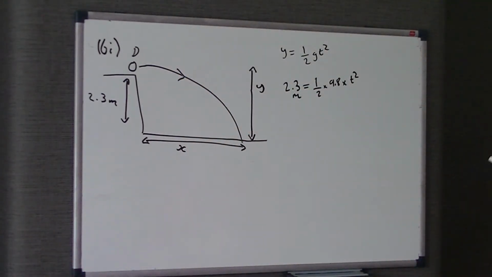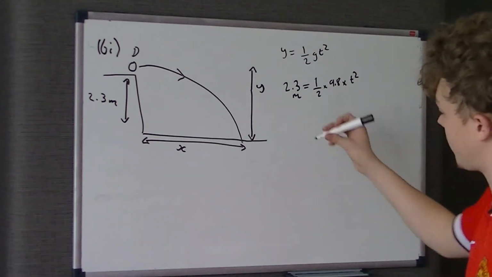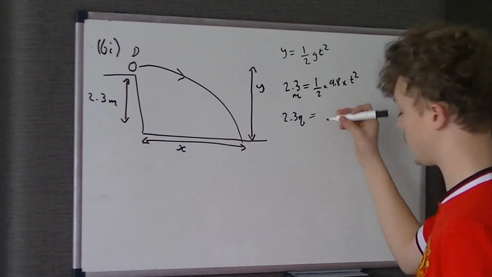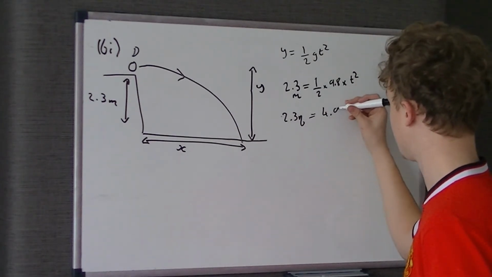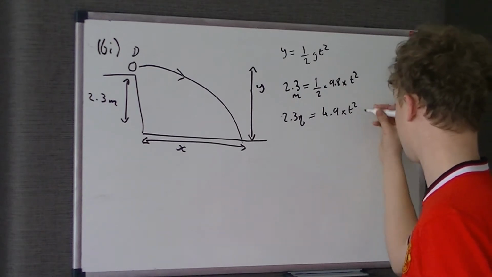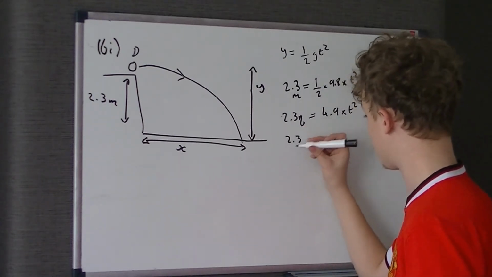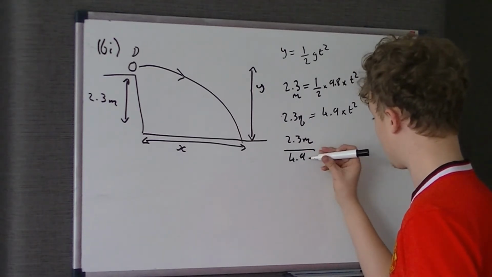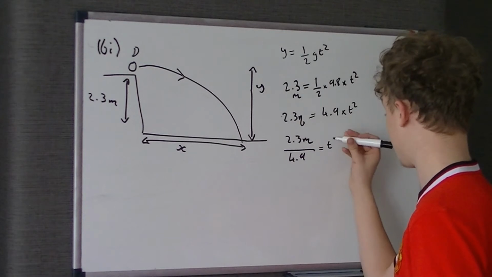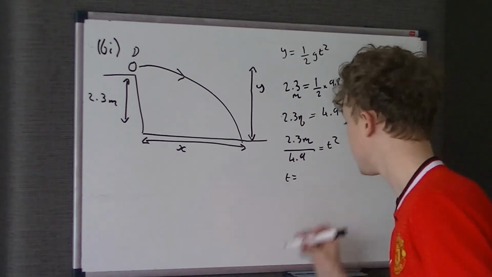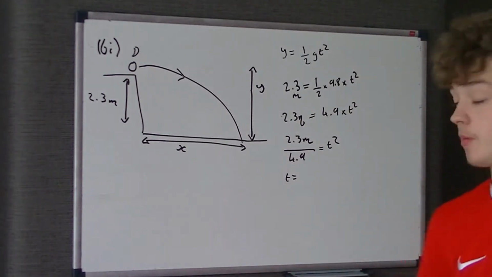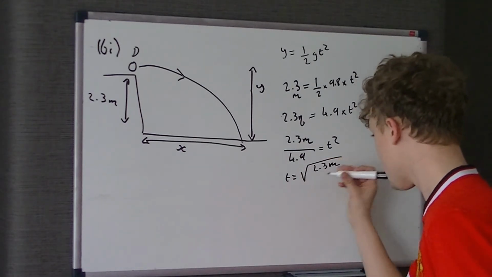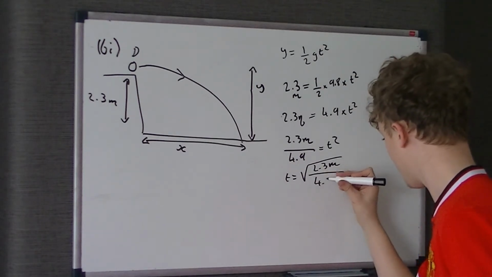So what we need to do is simplify this, so 2.3 metres equals 1/2 of 9.8, which is 4.9, times t squared, and we divide 2.3 metres by 4.9 to get t squared. t equals, I'm not doing any calculations yet, just so you can see where I'm getting it from, t equals the square root of 2.3 metres over 4.9.